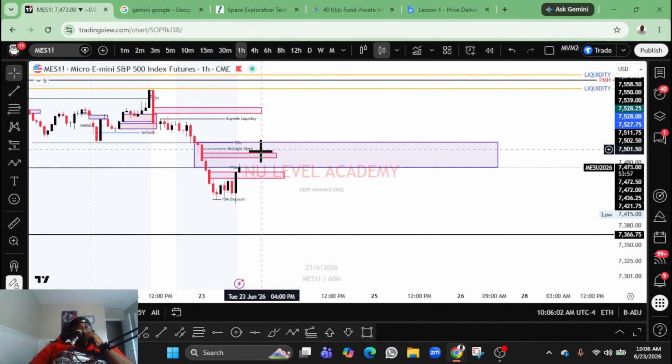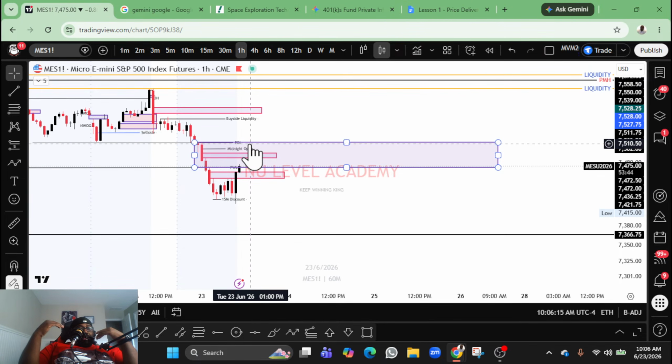Now, if we were to crack above midnight open, and we catch a retrace, then that's when my initial bias will flip, right? I'll flip my initial bias and we will target what?